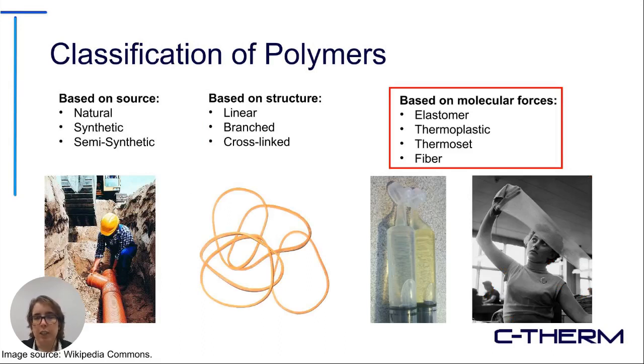The final classification, and this is something that some types of engineers would prefer to classify according to, is based on the molecular forces and the molecular properties of the polymer material. So this would be things like elastomer versus thermoplastic versus thermoset versus fiber type of materials. And oftentimes you'll see different polymers grouped together differently depending on which type of classification rubric you're looking at. And they all do different jobs for different applications.